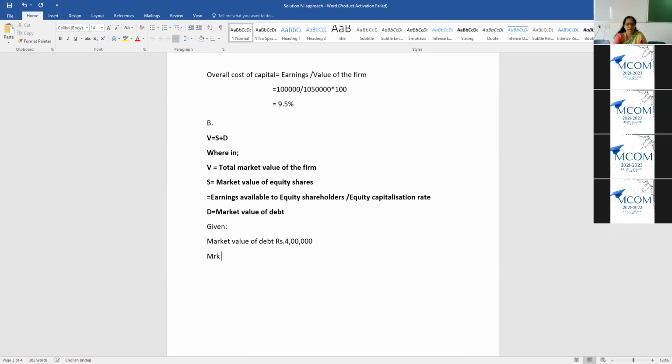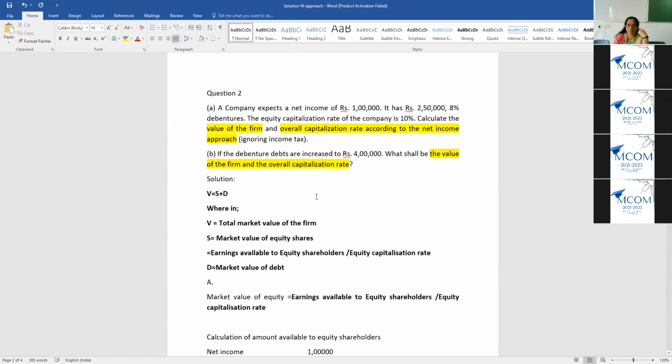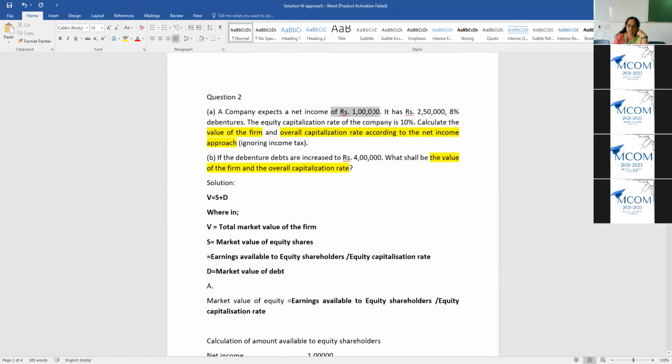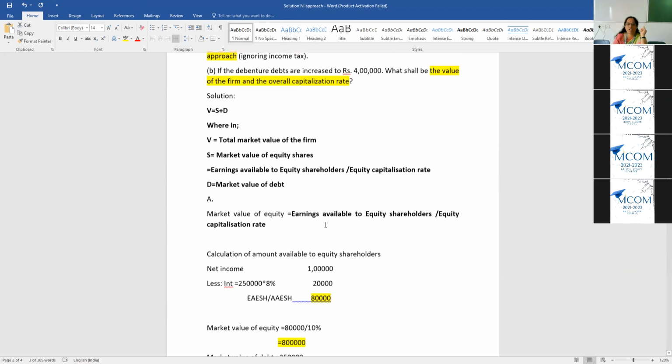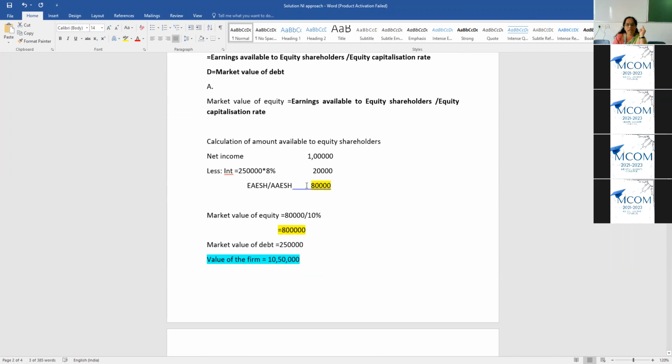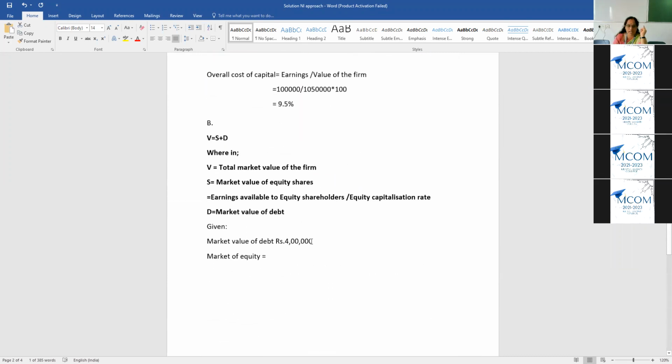Now, market value of equity is equal to the amount available to equity shareholders divided by the equity capitalization rate. To calculate this, is there any change in the income? If the income changes, the amount available to equity shareholders would change. But here it is not changed. So our amount available to equity shareholders remains the same. Yes or no?